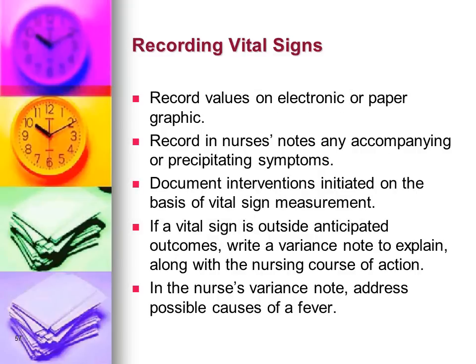Recording your vital signs. You want to record your values on electronic paper or paper graphic. In your patient's chart, there will be a graphic there for you to document your vital signs. Record in the nurse's notes any accompanying or precipitating symptoms. If the blood pressure is high, you want to make sure you're documenting that it is high, and if medication was given for that elevated blood pressure, or vital signs, you'd certainly want to document that in the nurse's notes.